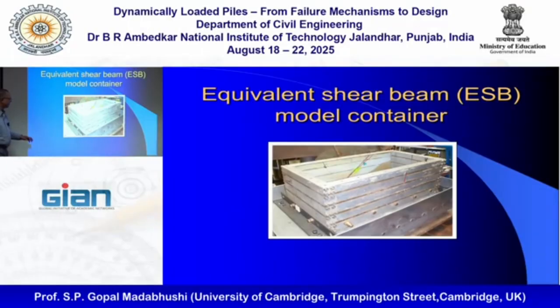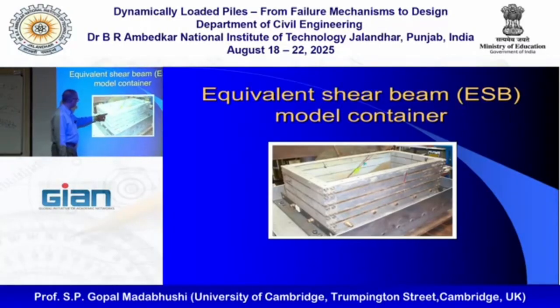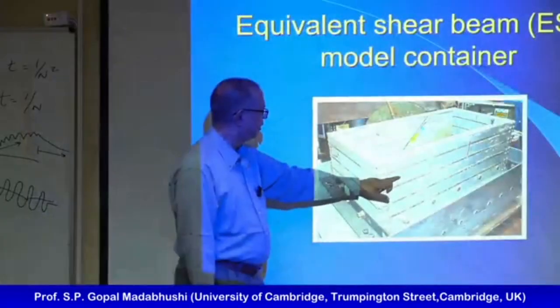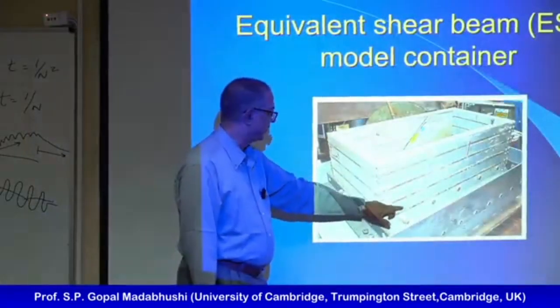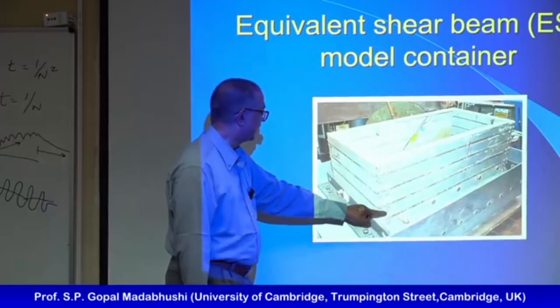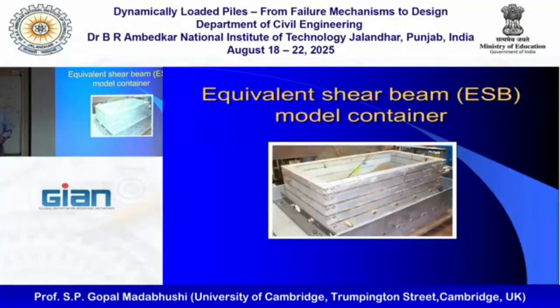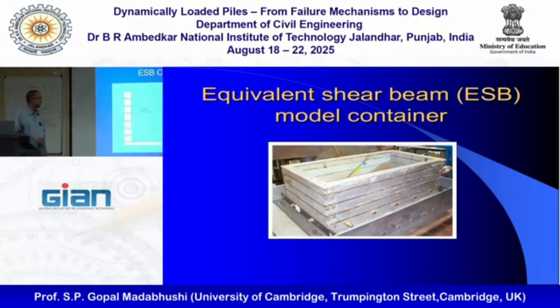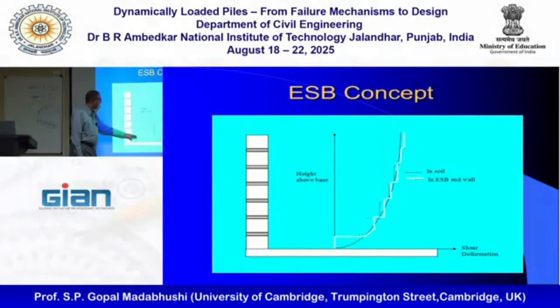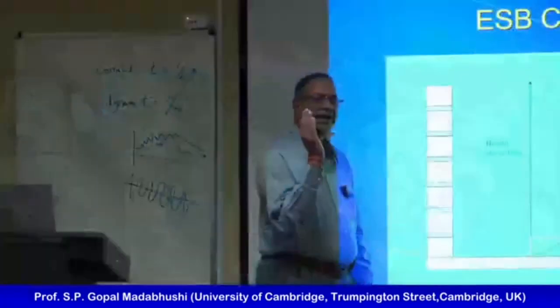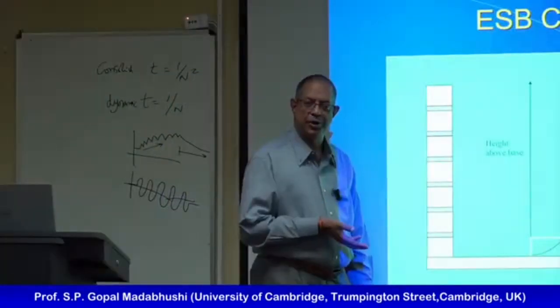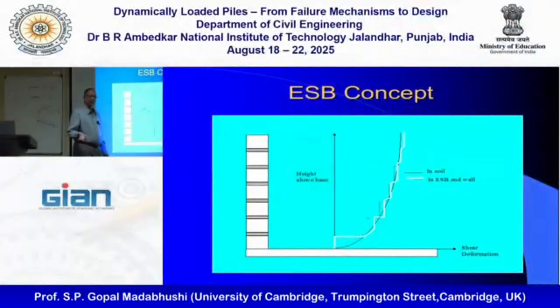So we came up with this idea of having an aluminum ring, rubber, aluminum ring, rubber, aluminum ring, rubber, and so on. And we can adjust the thickness of these rubbers. So what we do in this equivalent shear beam concept model container is I can work out for a given height of soil what the shear deformation in the soil is going to be for a given earthquake.